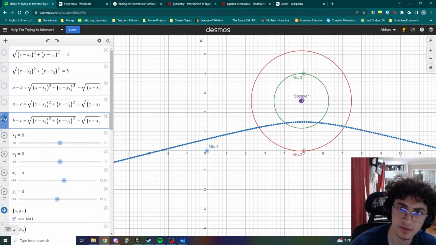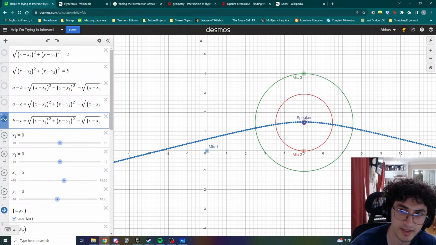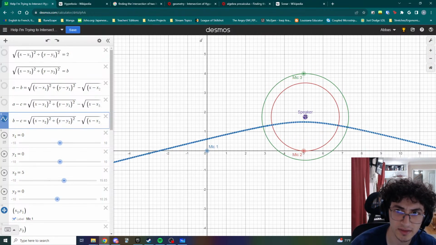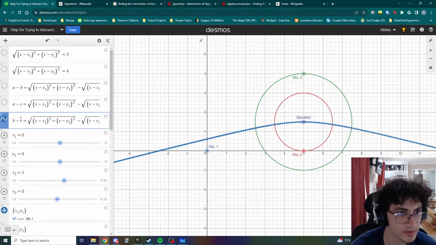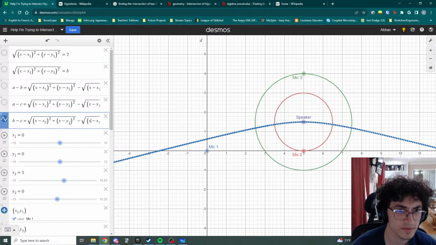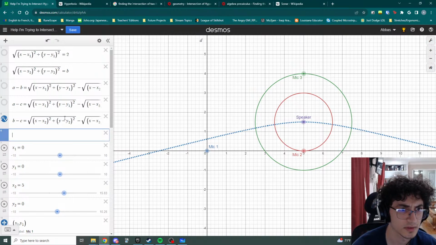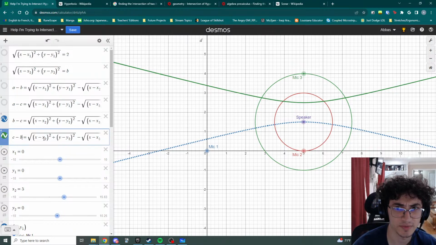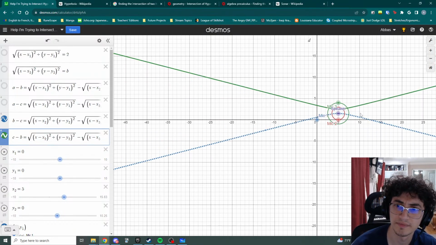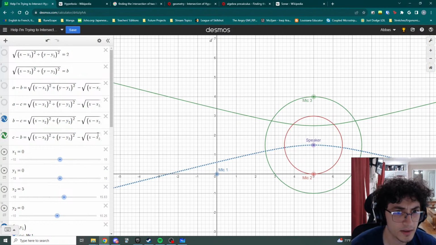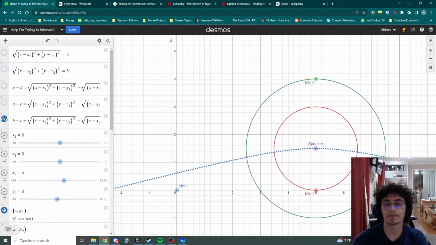Assuming that I'm okay with having the green on the outside and the red on the inside. But if I'm okay with having the red on the outside and the green on the inside, I should have a second branch, which should look like this maybe? No. I'll just have to take this, copy paste it, except with C minus B. And there we go. Yeah, so these are hyperbolas. Okay, so let's get rid of that. All right.